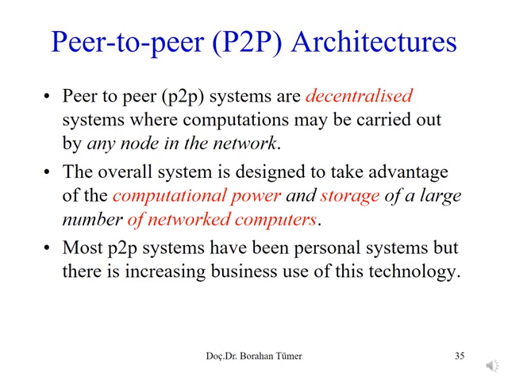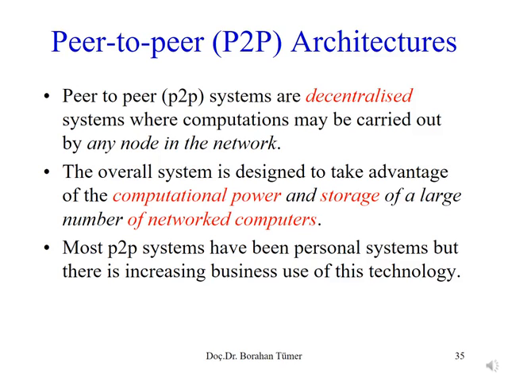Peer-to-peer systems are decentralized systems where computations may be carried out by any node in the network. That explains the fault tolerance feature of the peer-to-peer systems, where any function can be run in many nodes of the networks.